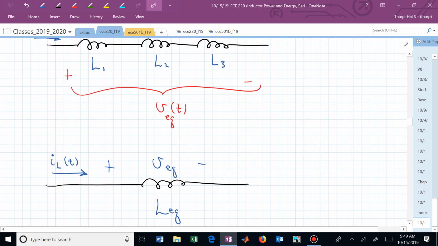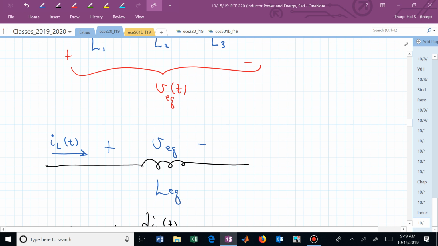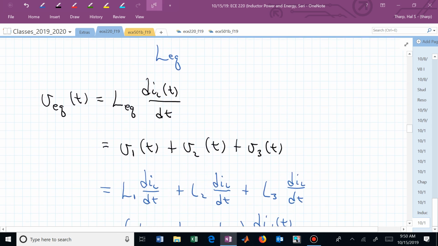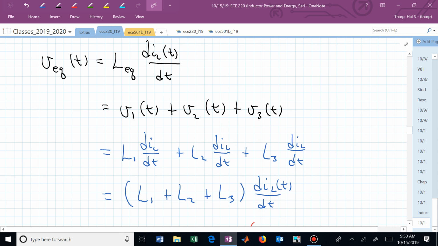So that now, if we wanted to collapse those 3 inductors, if we didn't need to keep track of V1, V2, and V3 independently, we could just say, what's the equivalent voltage? Hopefully you can see, since they're in series, the current's the same. We differentiate the current. It's the same derivative in each of those three terms.